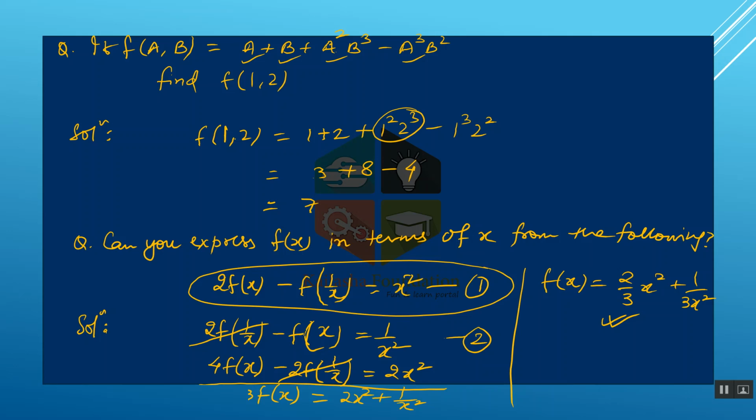If in the question it is not written that x is not equal to 0, we have common sense that it must be there, x is not equal to 0, because f(1/x) would be meaningless in case that is not given. So we take it as readily assumed that x is not equal to 0. Here also it is 1 by 3x square, so x must not be equal to 0. That is a readily assumed condition.